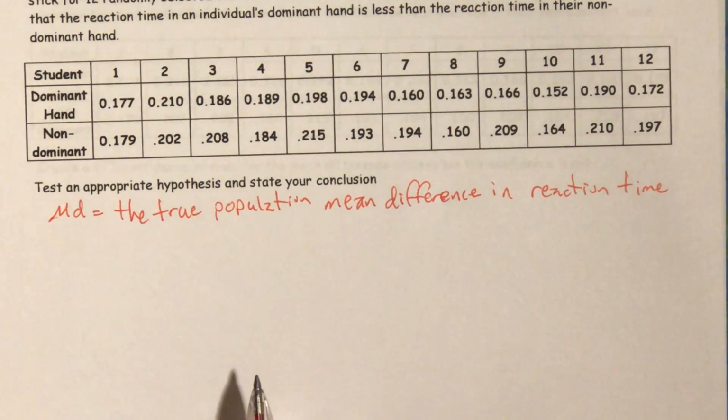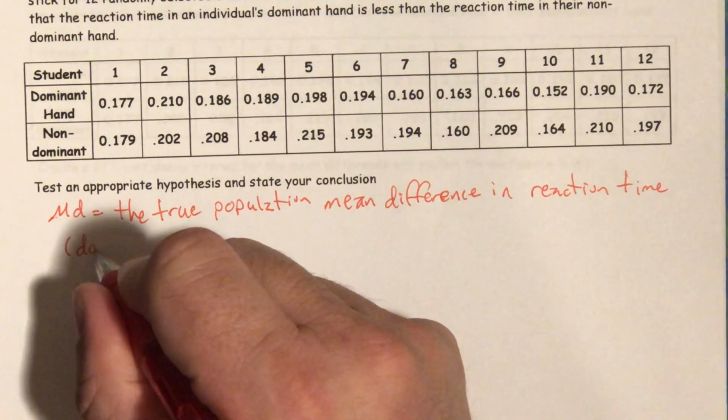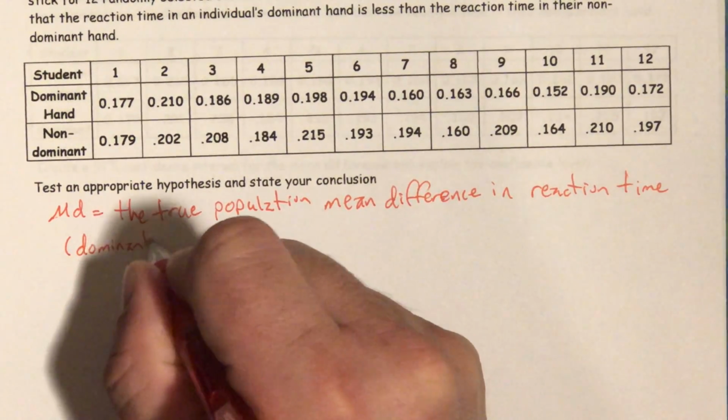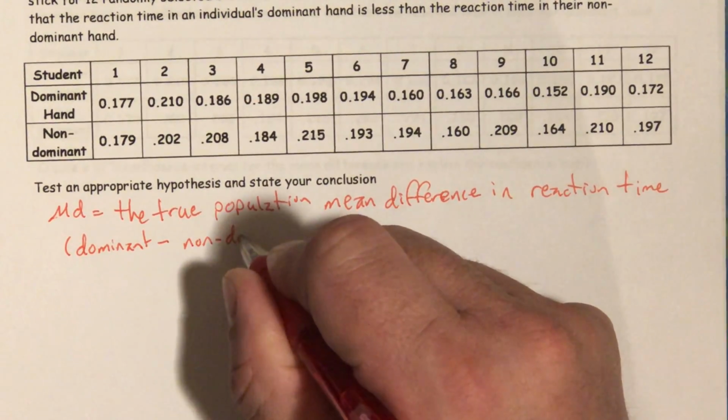In this case, we'll just choose dominant minus non-dominant. We could have chosen the other direction, but I'm going to go dominant minus non-dominant.